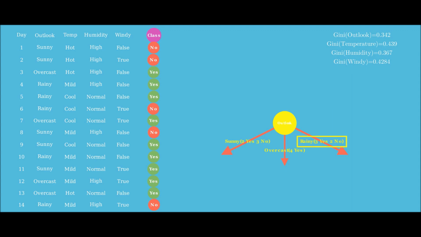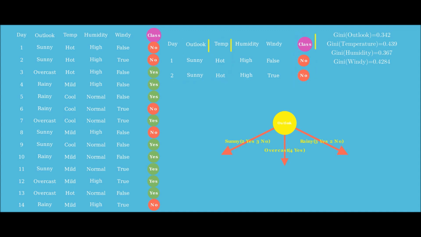Now which one would be the sub node? So we will calculate Gini index again, given that the Gini index of the Outlook feature is already given. So I am going to calculate Gini index for outlook equal to sunny for temperature.